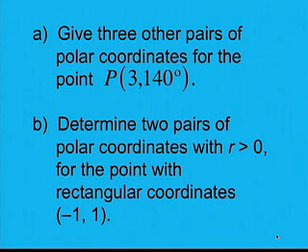Give 3 other pairs of polar coordinates for the point P, which is 3 comma 140 degrees. Part B, determine 2 pairs of polar coordinates with r being positive for the point with rectangular coordinates -1, 1.